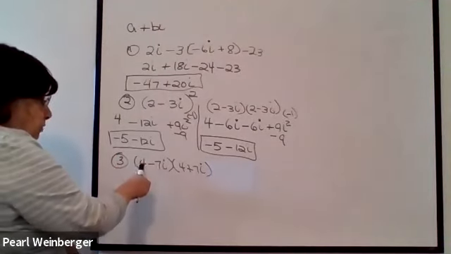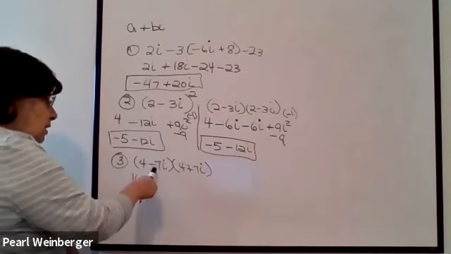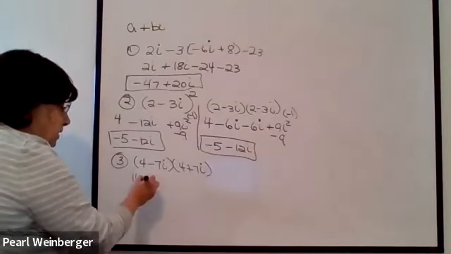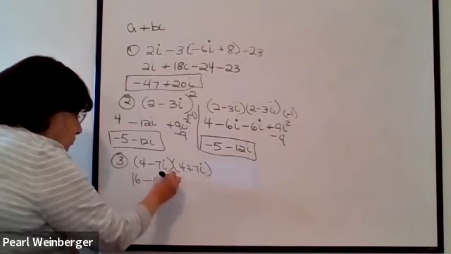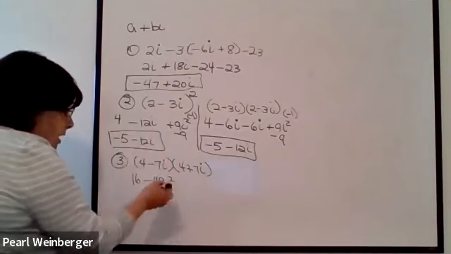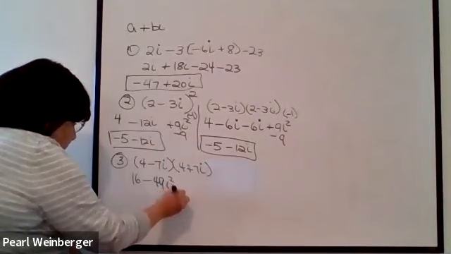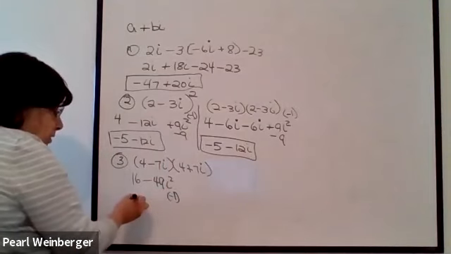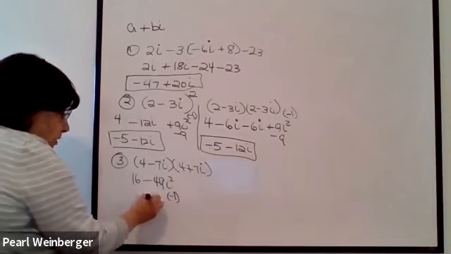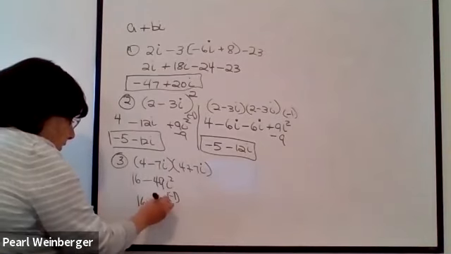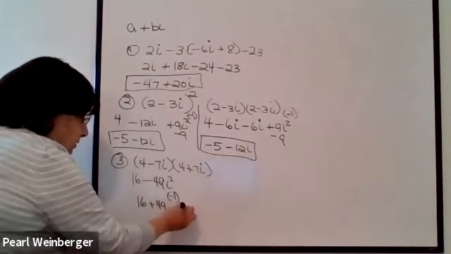So first, 4 times 4 is 16. And last, negative 7i times positive 7i is negative 49i squared. And again, I don't have to do the outer and the inner because they're canceling out. This i squared is a negative 1. So this ends up being 16, well, negative 49 times negative 1 is plus 49. And 16 plus 49 is 65.